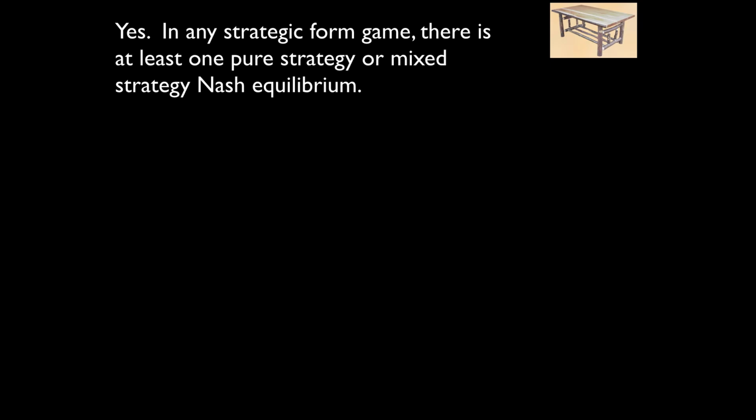If person 1 plays B, they get 0 with probability Q, and negative 10 with probability 1 minus Q. What's this number equal to? Negative 10 plus 10Q.